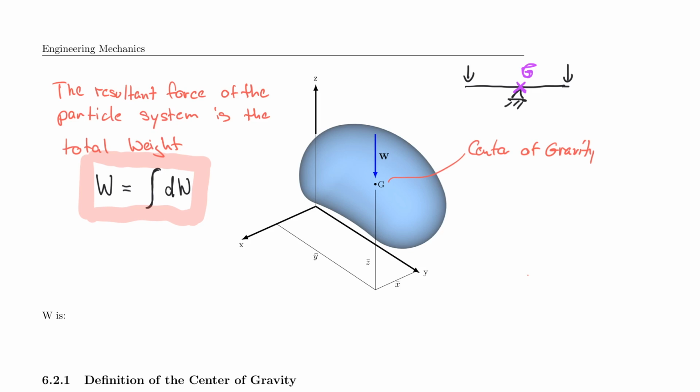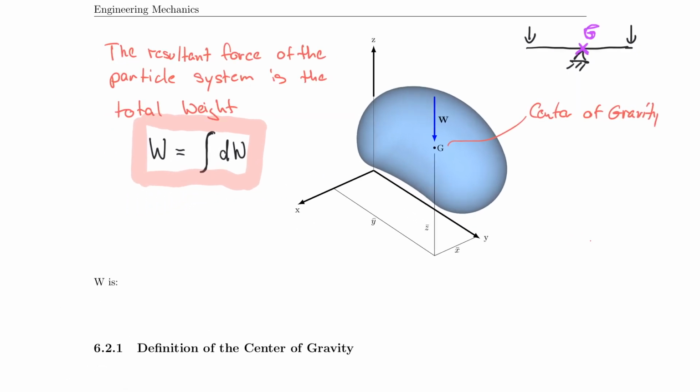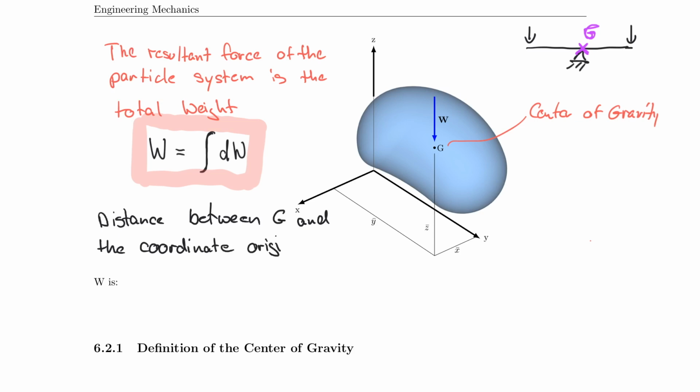I need to memorize that the distance between G and the coordinate origin is represented by X bar, Y bar, and Z bar.